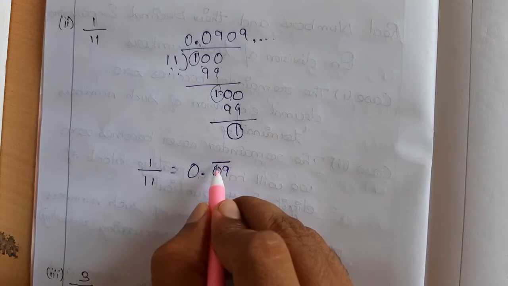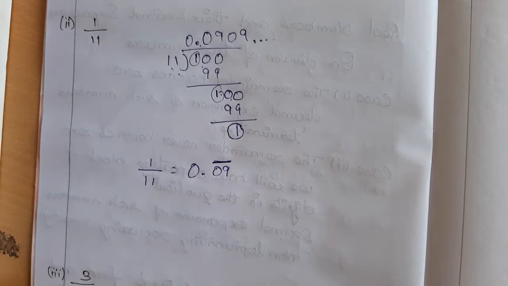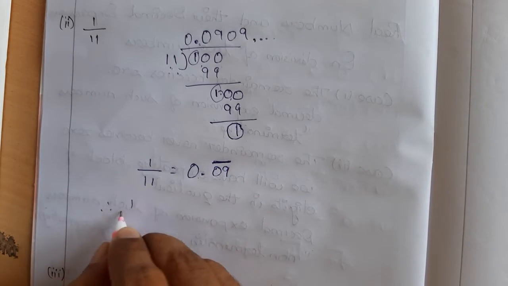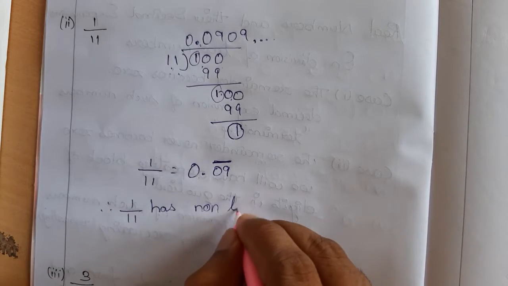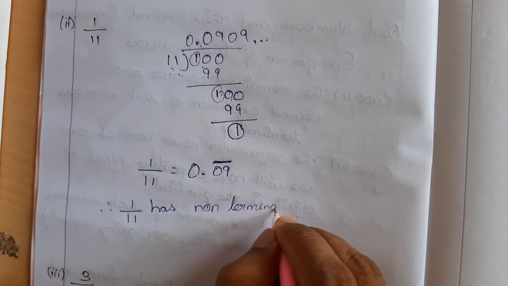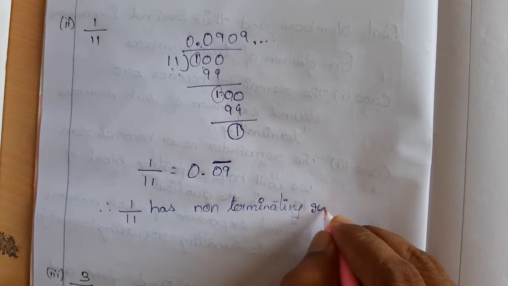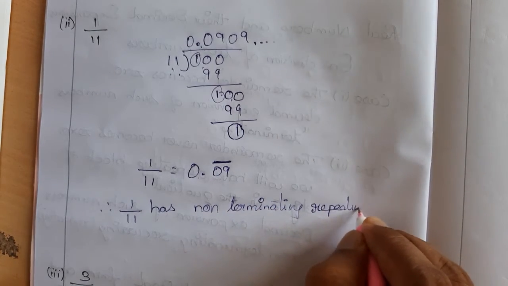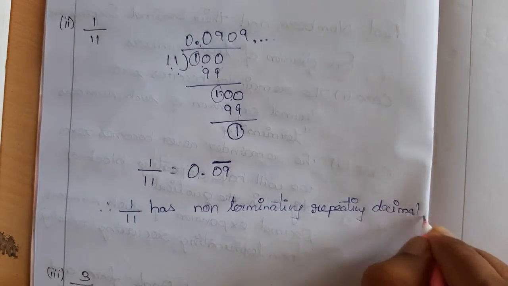That's why the bar you have to draw only over the digits which are repeating. Clear? So therefore 1 by 11 has a non-terminating repeating decimal, right?